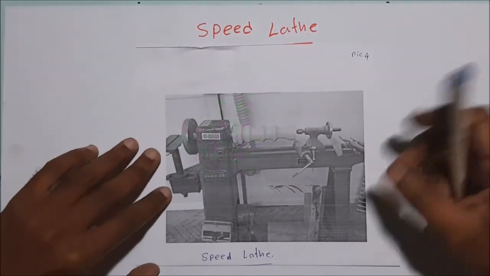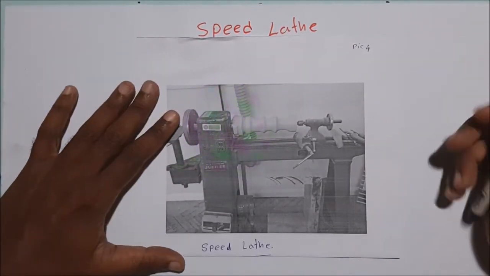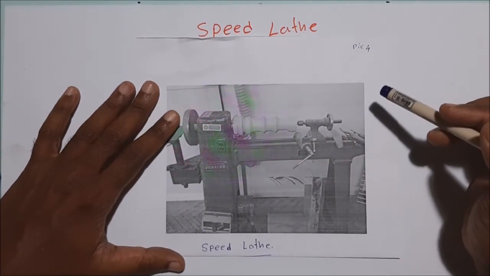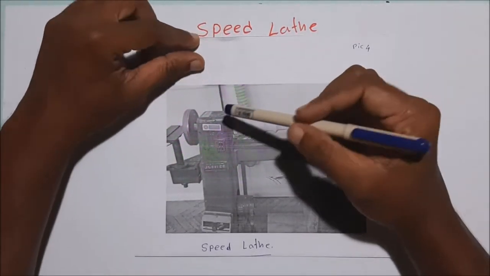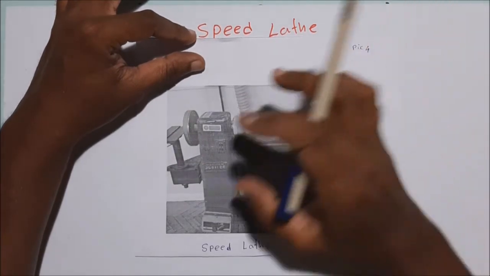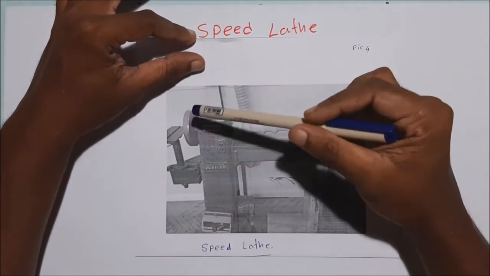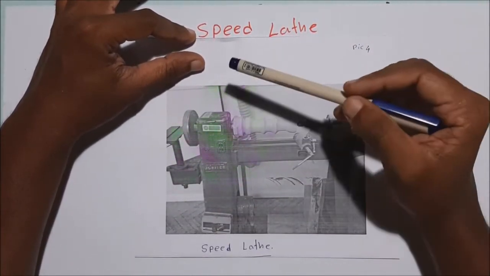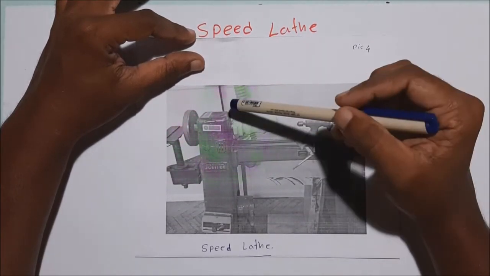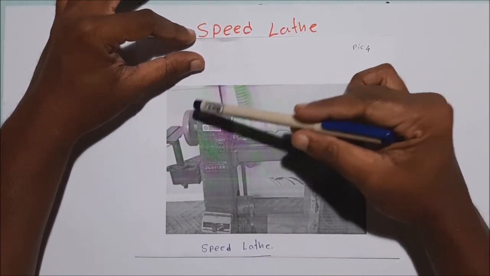Here you can see the picture of the speed lathe, one of the simplest ones. It does not have a gearbox. Instead it has a belt drive system, and in some situations it is directly coupled.